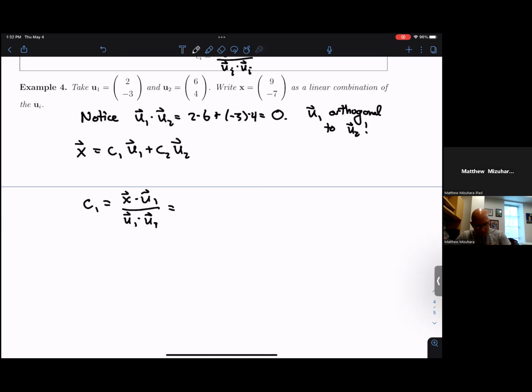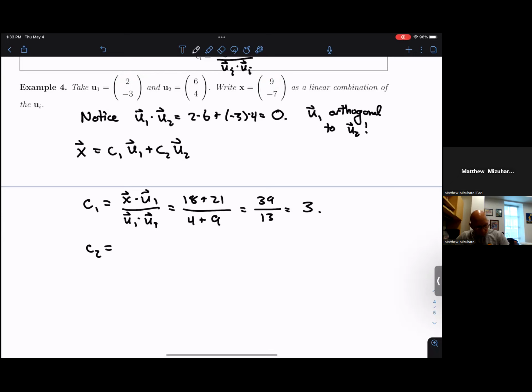So x dotted with u1 is 9 times 2, which is 18, plus negative 7 times negative 3, which is 21, over u1 dotted with itself. That's 2 times 2, which is 4, plus negative 3 times negative 3, which is 9. What does that give me? 39 over 4 plus 9 is 13. So 3.